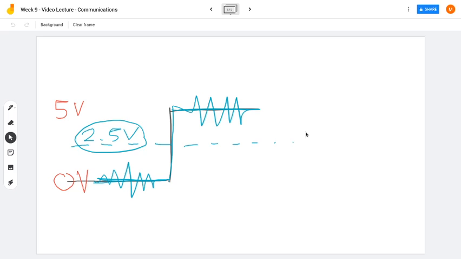Imagine that we are going to use another coding system, and instead of a binary system, let's say a quaternary system. In a quaternary system, we'll have 4 levels. So, in the range from 0 to 5, we will have 4 levels instead of 2 levels.